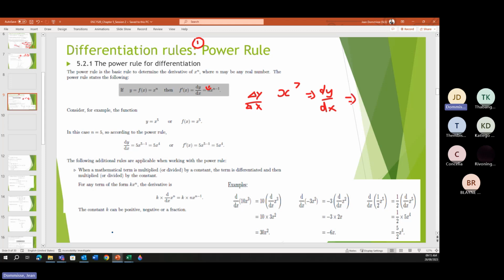Another way to write it is like this. With that rule, we take the 7 to the front, and then the rule says 7 minus 1. So our answer would be 7x to the power of 6. That is the differentiation of x to the power of 7.